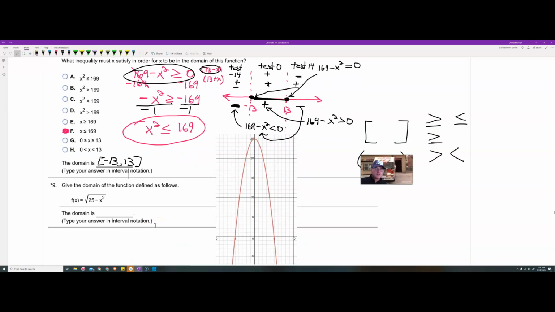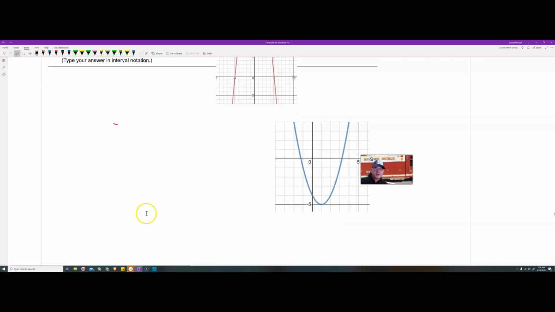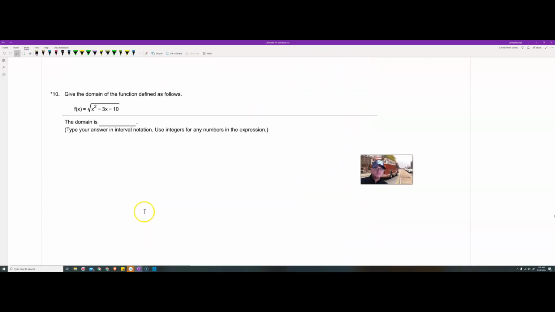So you're going to do number 9 just like you did number 8. Number 10, you're going to do it just like the other 9 and 8. All I would do first is factor it. What two numbers multiply together to be negative 10 and add together to be negative 3? That would be negative 5, positive 2.